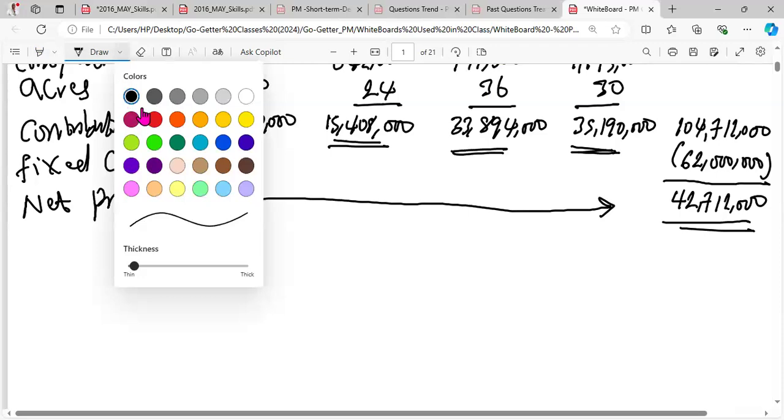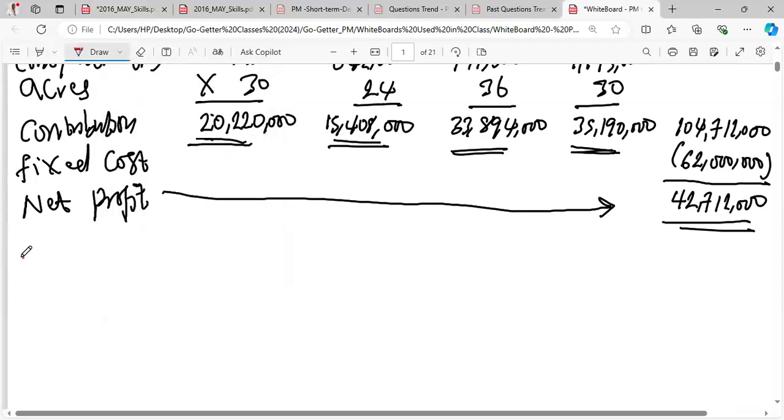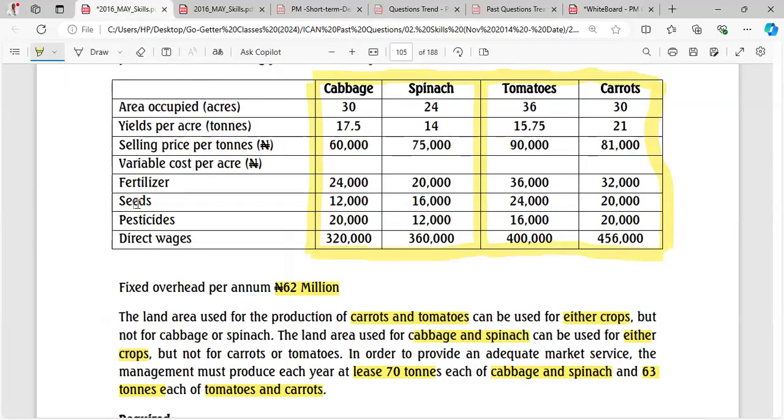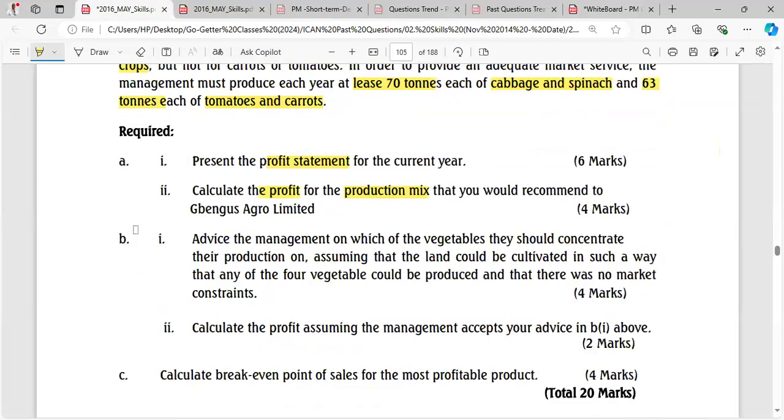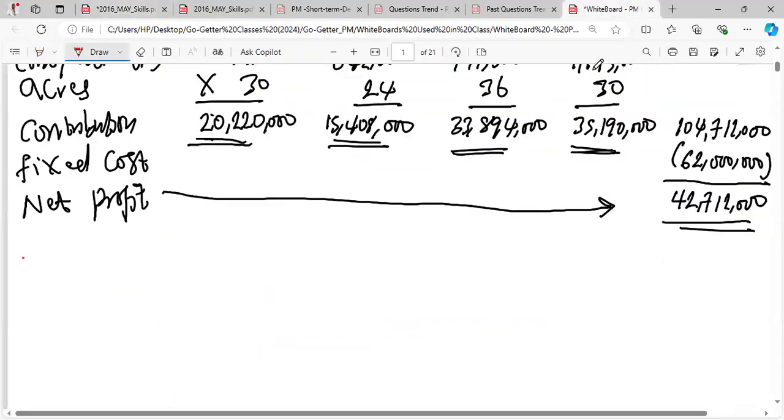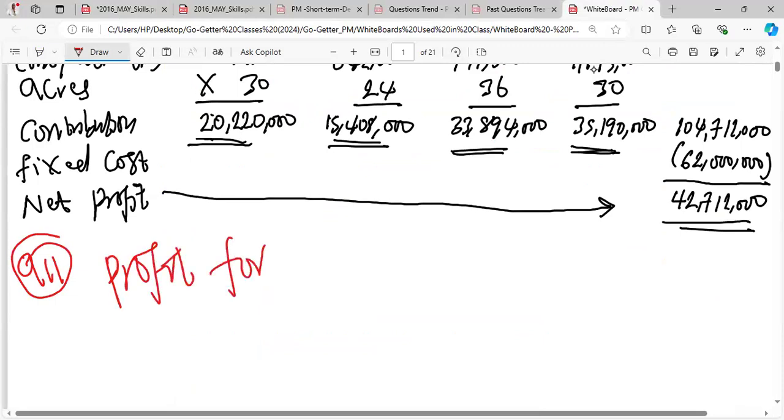Okay, so let's see the second part. Let's officially write what we are asked in the second part. Profit for the production mix. So we'll say A2, profit for production mix.